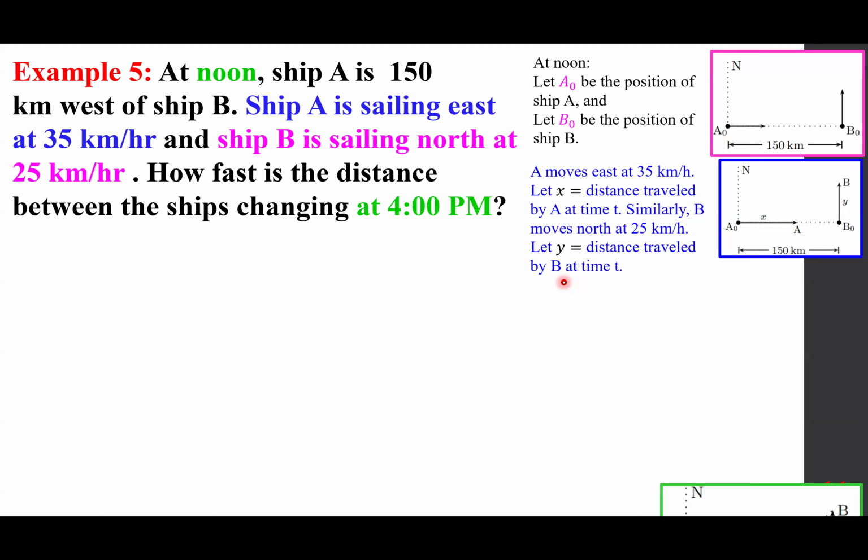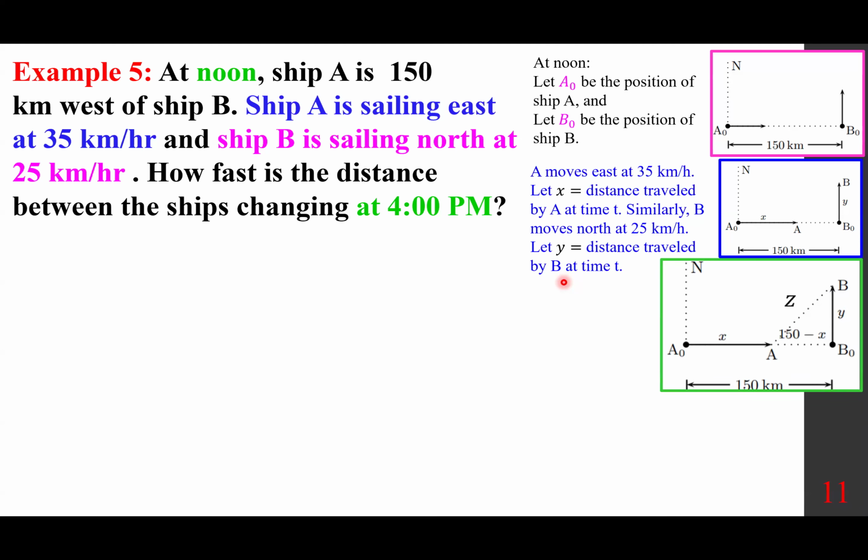So if that is the case, notice what happens. We start from here, we are moving this way, we get this far. And if this is the covered distance of x, what is left? If the total is 150, 150 minus x is left. So one more time.